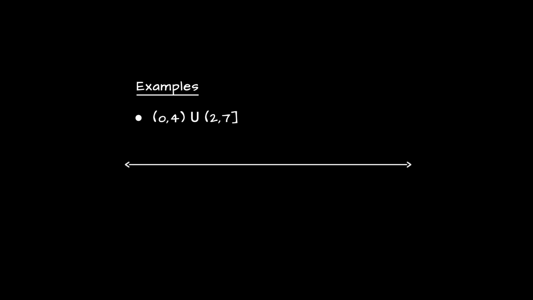To get a feeling for what's going on, it can be helpful to mark or indicate both intervals on the real line. So the open interval from 0 to 4, we might indicate with a set of open parentheses like this, keeping in mind that the interval itself consists of everything that is strictly in between 0 and 4. And likewise, the half-open interval from 2 to 7, we might denote in a similar fashion.